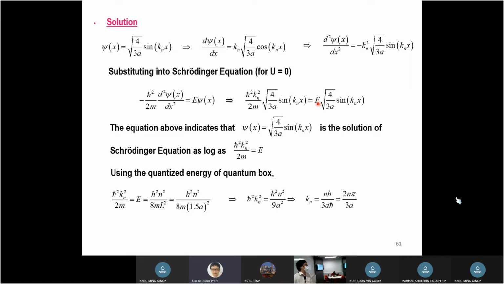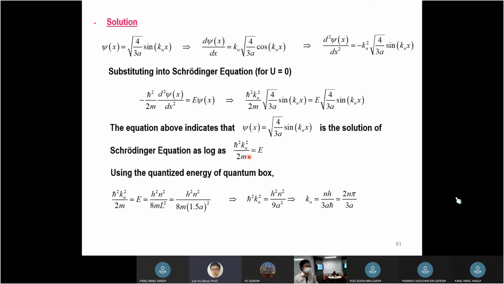So there is a direct relationship between E and Kn. What we found is that E equals h bar squared Kn squared divided by 2m.